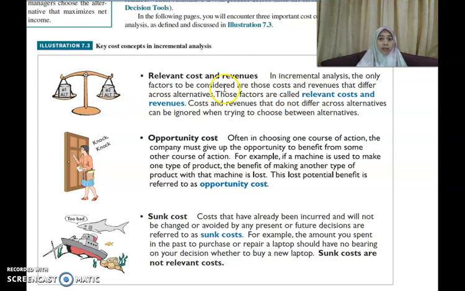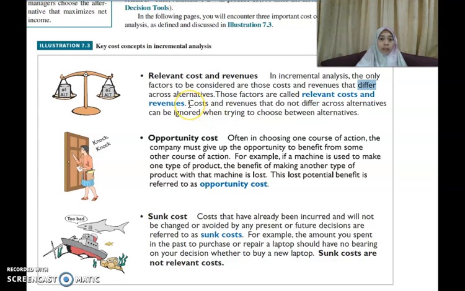So only cost and revenue that differ, right? If you are talking about the revenue, it will be the revenue. If you are talking about the cost, then it will be the cost. So they're different between your alternatives. Those factors are called relevant cost or relevant revenues.